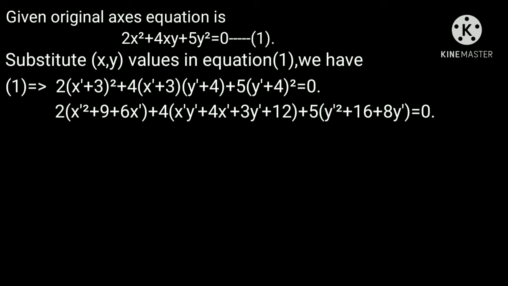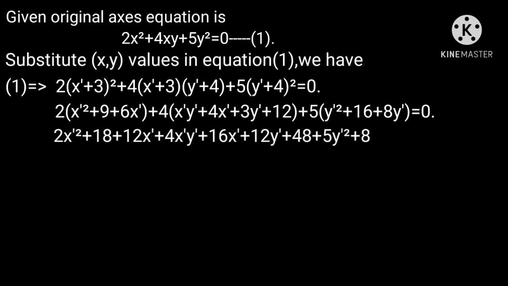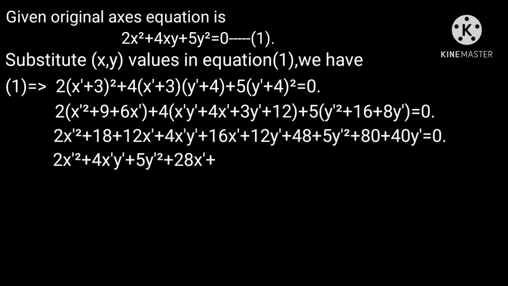After expanding the above equation, then we will get 2x'² + 18 + 12x' + 4x'y' + 16x' + 12y' + 48 + 5y'² + 80 + 40y' equal to 0. After simplification, we have 2x'² + 4x'y' + 5y'² + 28x' + 52y' + 146 equal to 0.